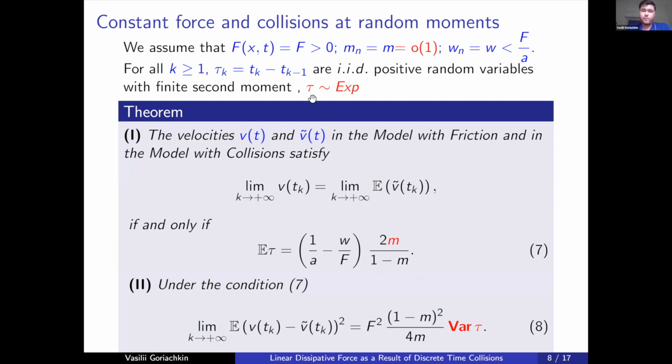If, for example, we take exponentially distributed time between collisions, with expectation of tau of order m, then the variance of tau will be of order m squared. So the whole expression here will be m squared divided by m, so it will be of order m, which is small.